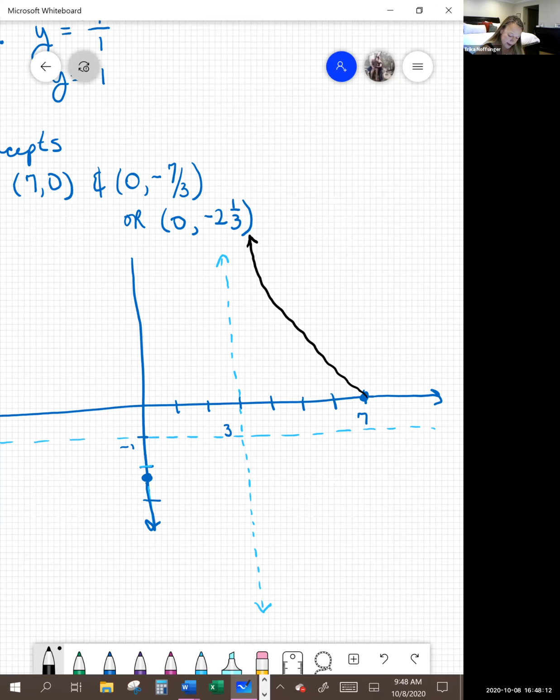And then it's going to come down here and start hugging this line y equals -1. And then down here, because this point's down here, I'm never going to go back up and cross my x-axis. So it's going to have to look like this.